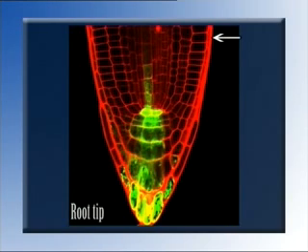Here the cells become several times larger than their original length and also somewhat wider. Cellular expansion in this zone is responsible for pushing the root cap and apical tip forward through the soil.